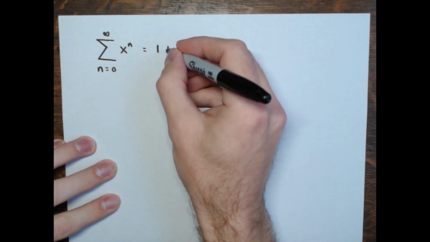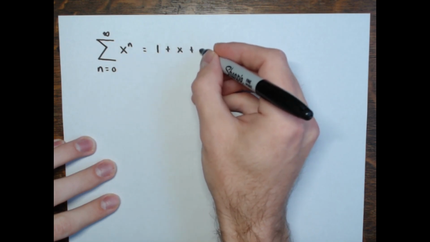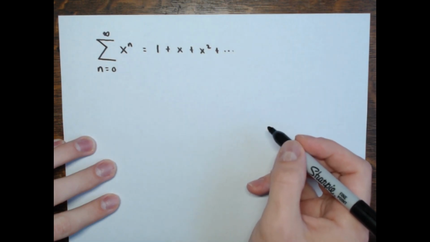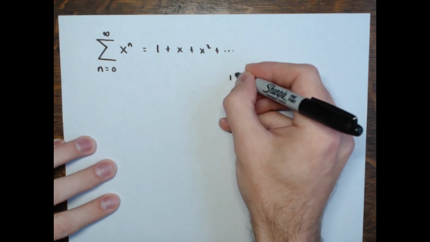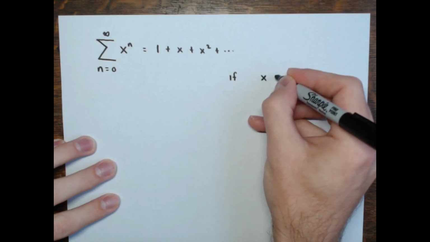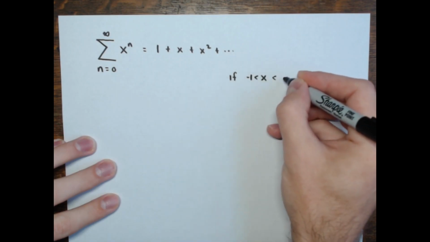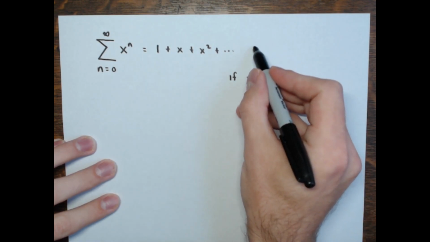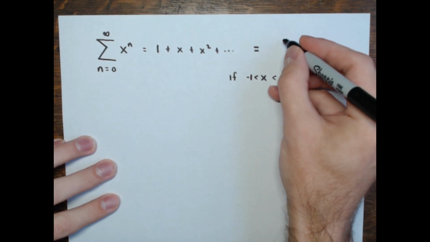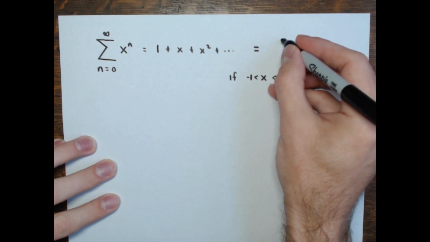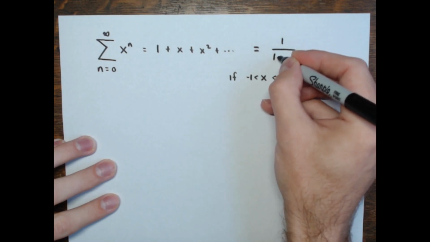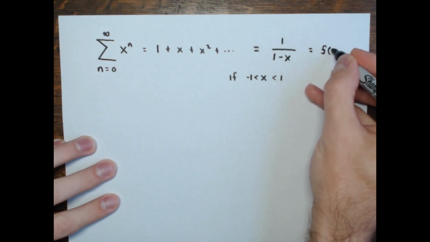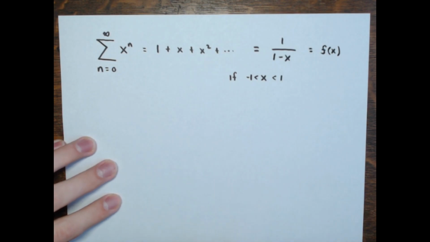But this would be 1 plus x plus x squared, and so on. And as long as x was between -1 and 1, or the absolute value of x is less than 1, this would converge to a function, right? 1 over 1 minus x. I'll call this f of x.